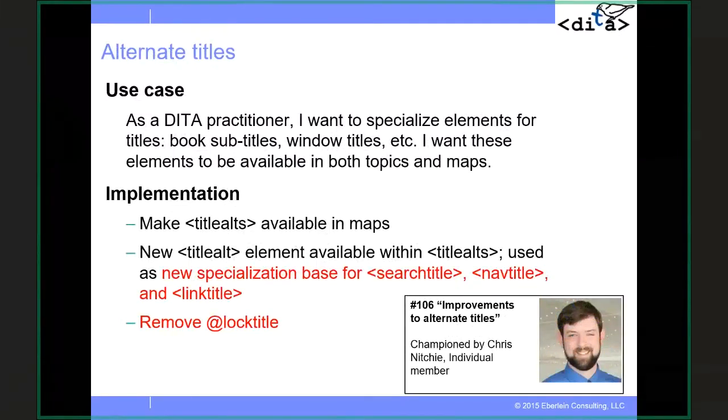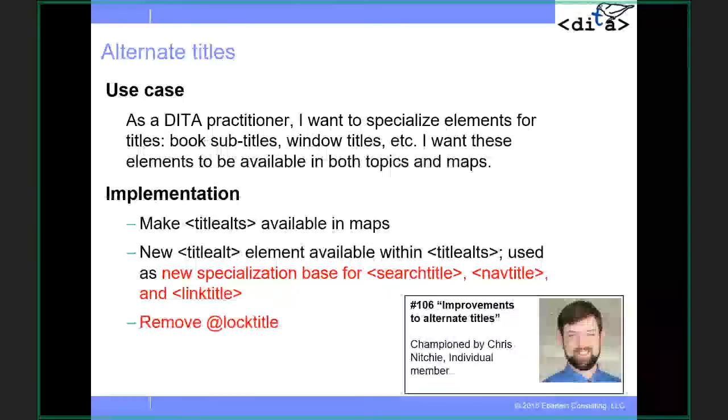Another change with DITA 2.0 comes around the area of alternate titles. This was championed by Kristen, formerly of Oberon, now an individual member. And the use case here was to enable DITA practitioners to specialize titles more effectively for topic and map types.